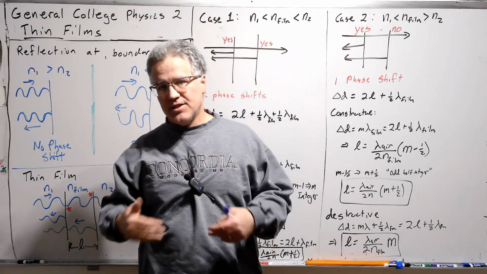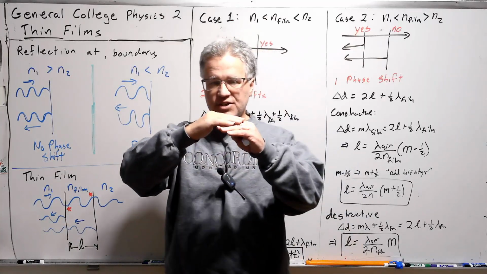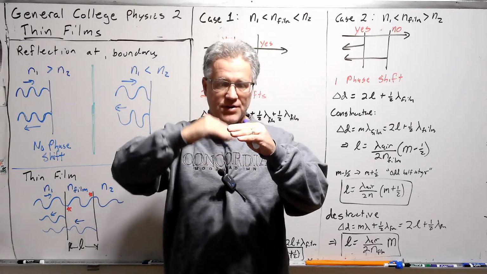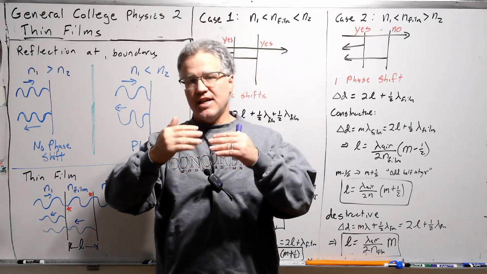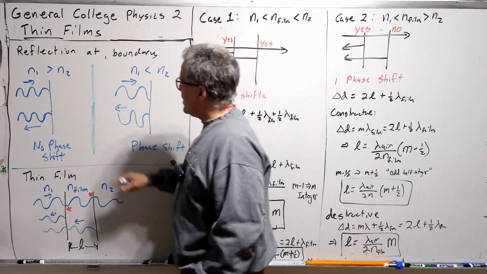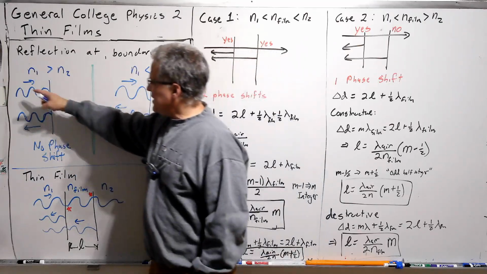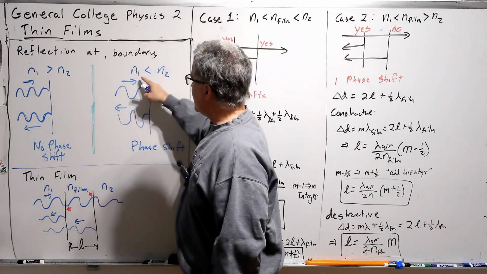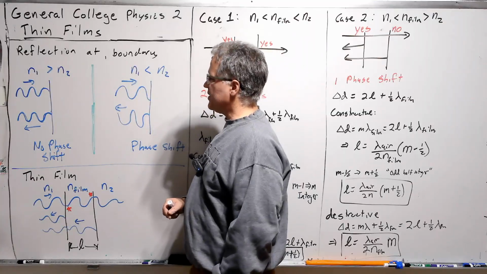So we might be passing through a number of different interfaces, but those interfaces are sharp boundaries, and they're transparent on both sides. But they have different indices of refraction, and that's key here. At any given boundary, there are two cases: the incoming light is coming from a higher index of refraction, or the incoming light is coming from a lower index of refraction.